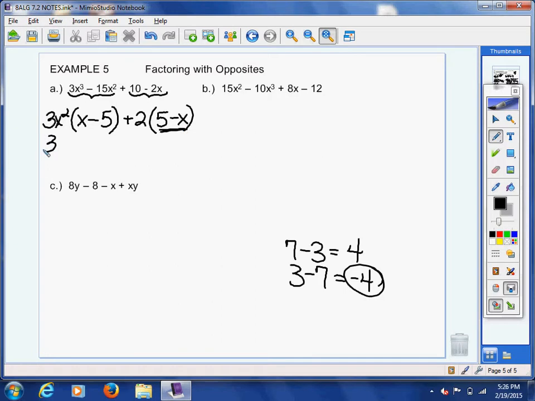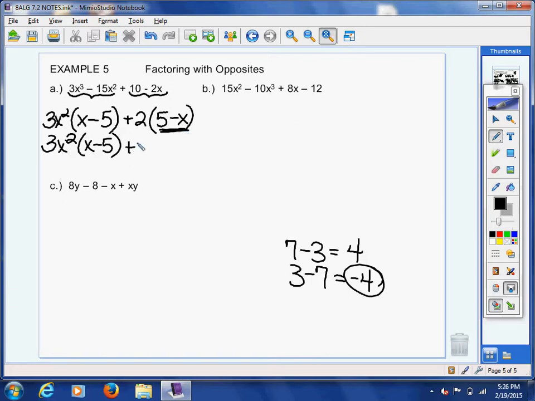So what we're going to do is we're going to actually undistribute or take out of this second quantity right here. We're going to take out a -1 because we want to be deliberate and change the signs of that 5 and that negative x so that they become -5 and positive x, which is what we have in that first quantity.